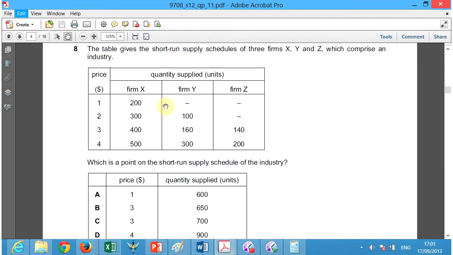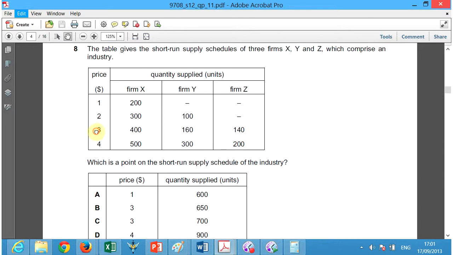This is very basic. At the price of $1, if these are the only three firms producing in this industry, the only quantity supplied is 200. If the price is $2, the quantity supplied is 300 plus the 100 for firm Y, and there's none from firm Z. So at $2 in this industry, it is 400.